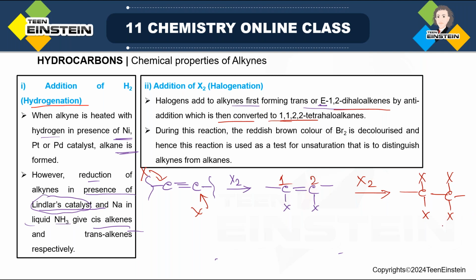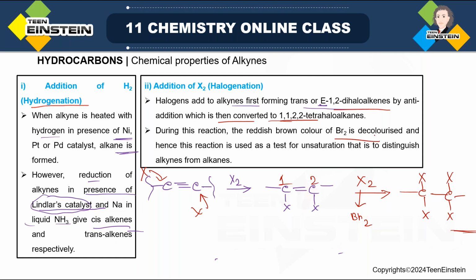During this reaction, the reddish brown color of bromine, that is if your X2 is specifically bromine and you have already reached this saturation point at this position, what will happen? The color of bromine will be discharged. So this is also a test we have already seen in case of alkenes. In case of alkene also, when you add bromine, 2 bromine atoms get attached, you get bromoalkane, and the color of bromine is decolorized.